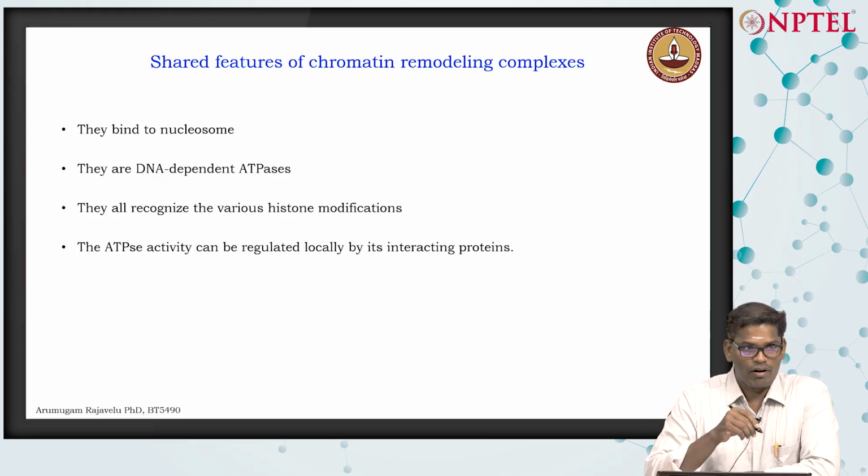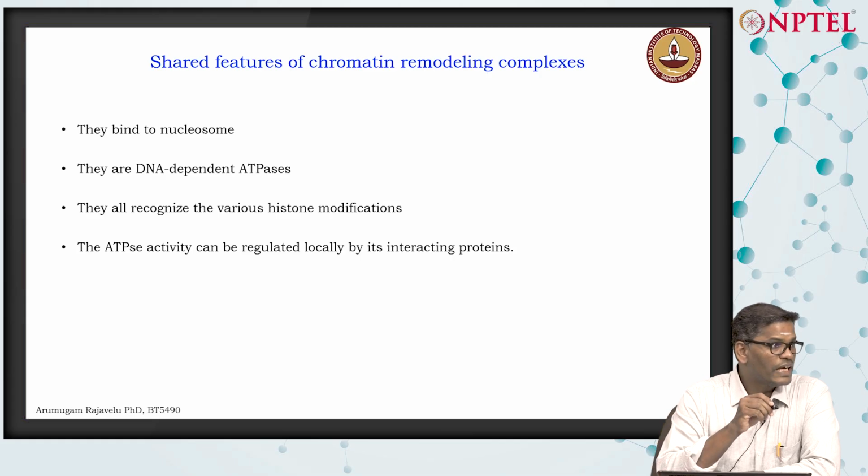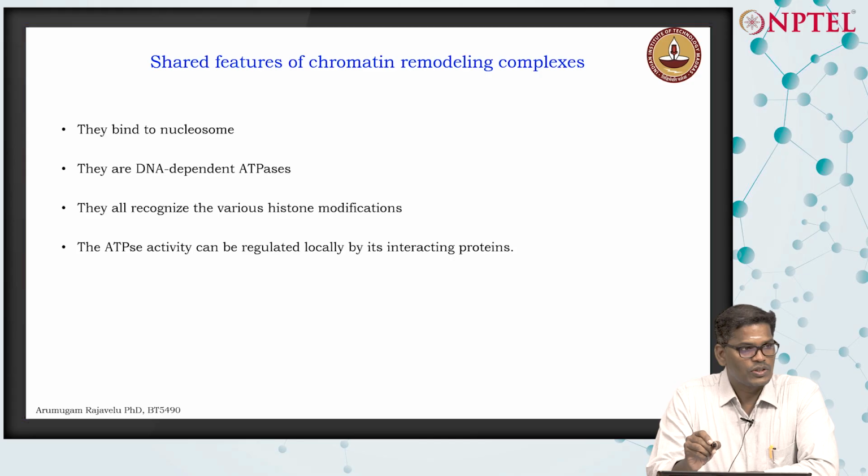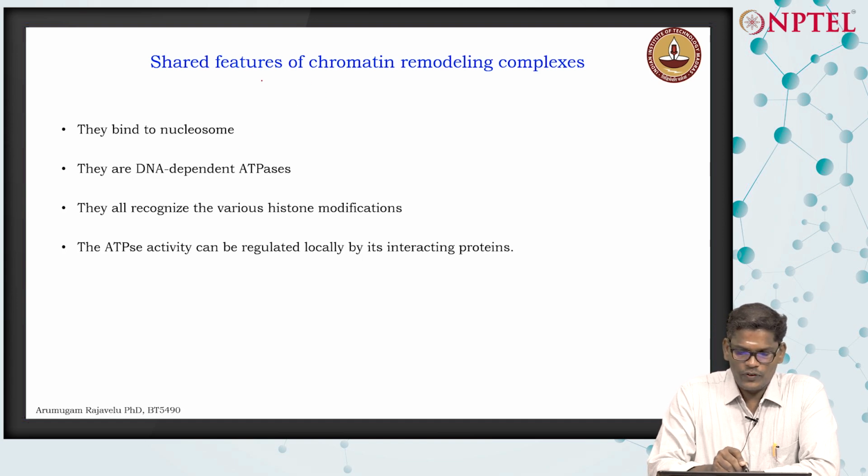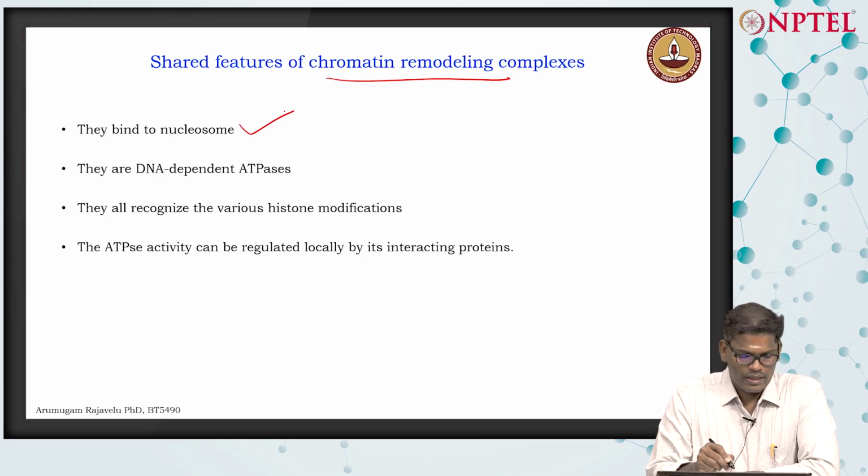That means all these proteins have specific reader modules. I said bromodomain, SANT domain, chromodomain. These are the reader modules which recognize the various modifications on histones and then get recruited to specific loci. So the common features of all the chromatin remodeling complexes: they bind to nucleosomes, and they are DNA dependent ATPases, all have the ATPase domain.